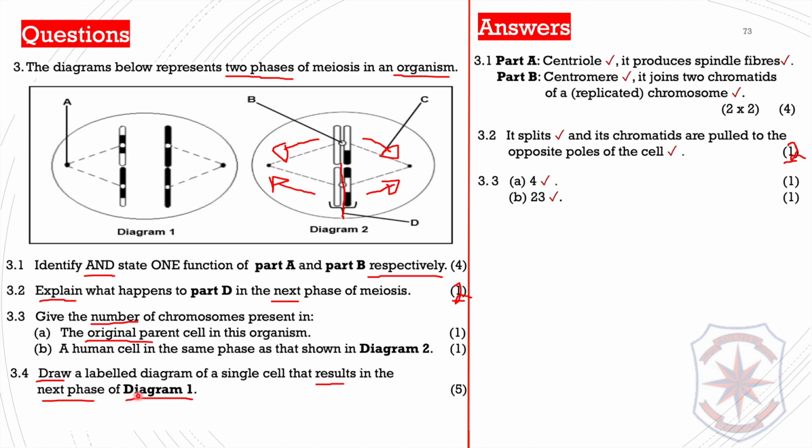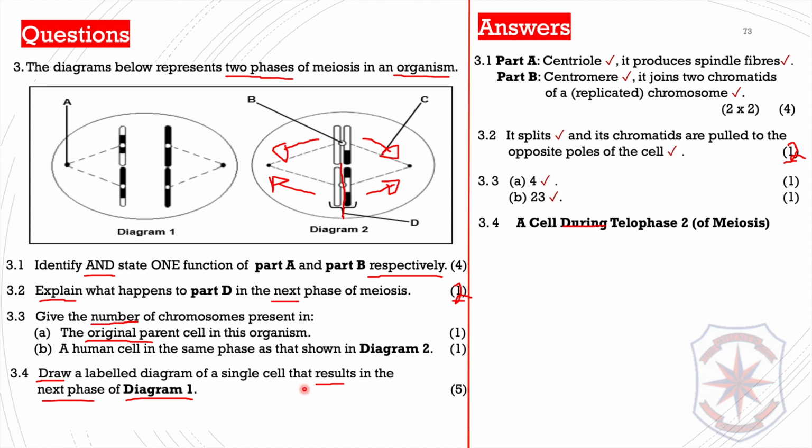Okay, after telophase 2. So our heading, a cell during telophase 2. Actually, this is wrong. This is a wrong title. It's not supposed to be during telophase 2. It's supposed to be after telophase 2.